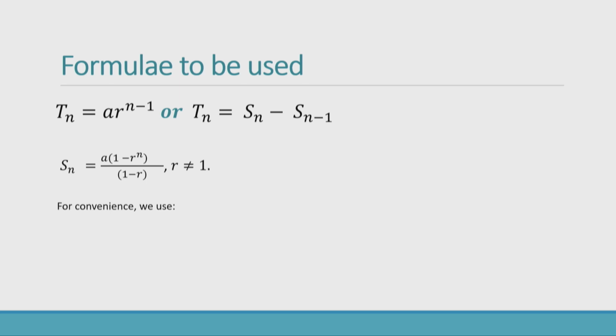However, for convenience, we use Sn equal to A into 1 minus R power n over 1 minus R for R less than 1, and for R greater than 1, we then use A into R power n minus 1 over R minus 1.